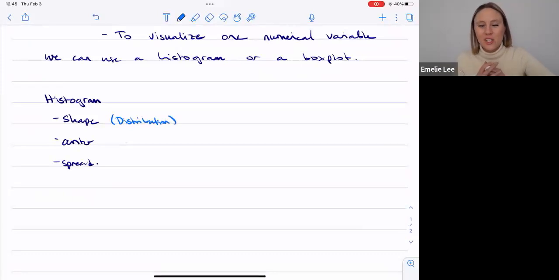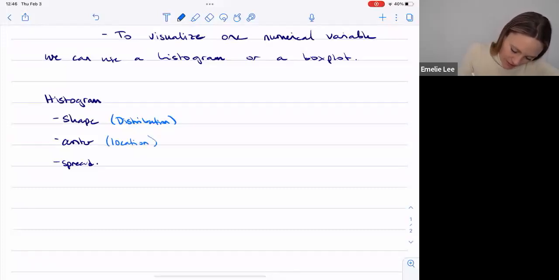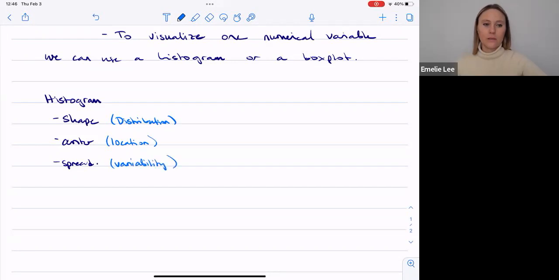The distribution also incorporates the location and the variability, but if we say the distribution looks normal, that makes sense. So the distribution, the location, and the variability. That's what we can get out of a histogram.